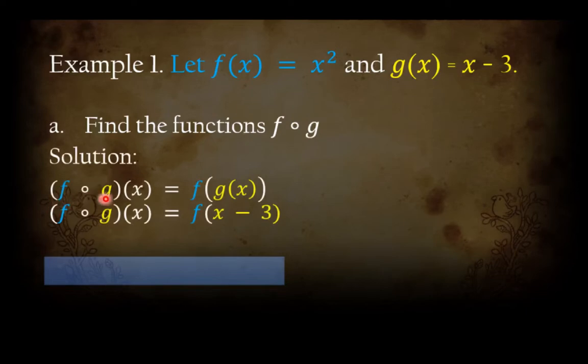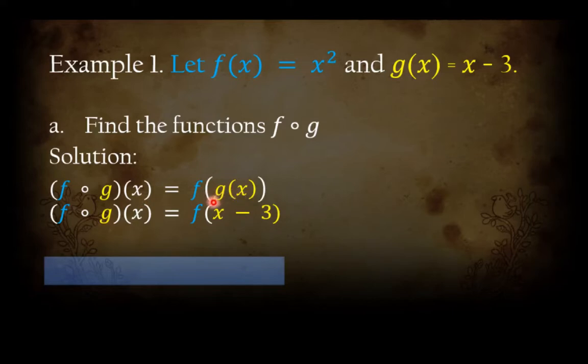F composed of g of x is also equivalent to f of g of x as per the definition of composition of function. So, wherein the x in g is the domain. Tapos after nyan, i-evaluate naman natin yung domain ng f, which is yung mismong g of x.